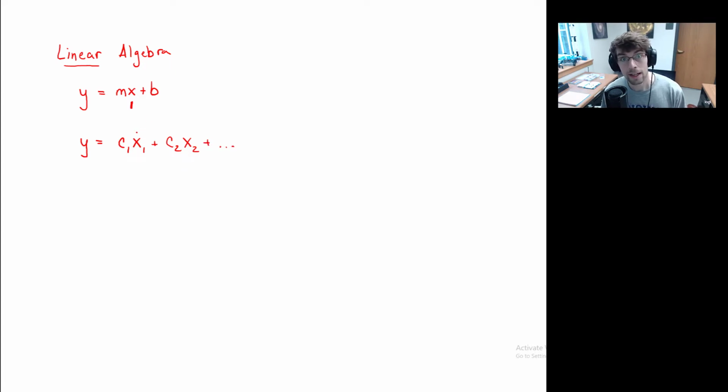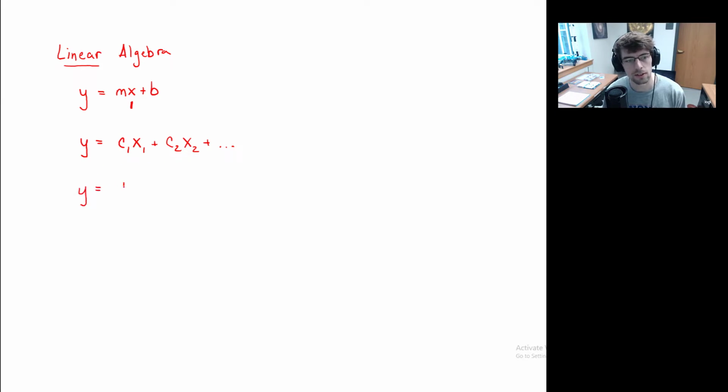Notice this is still considered a linear equation. There are no quadratics or square roots or things raised to the third power. And so usually we'll see this. Of course, this is kind of sloppy.